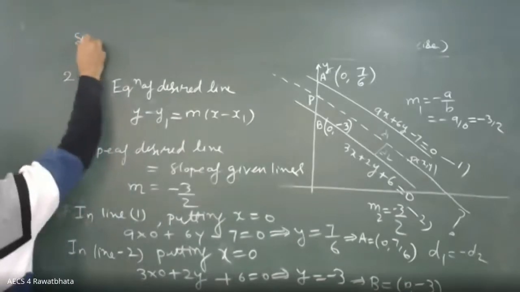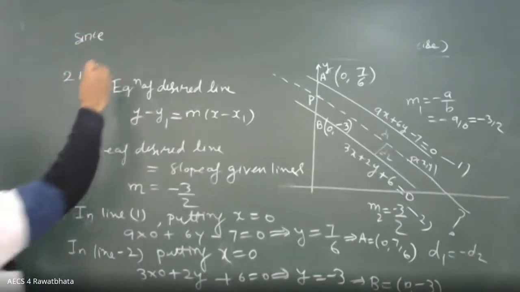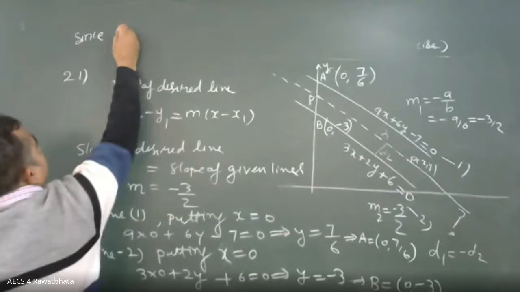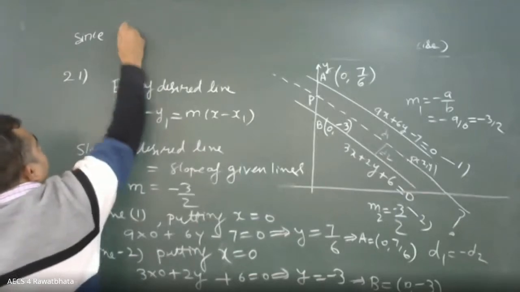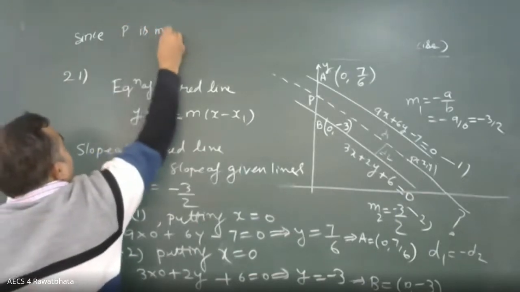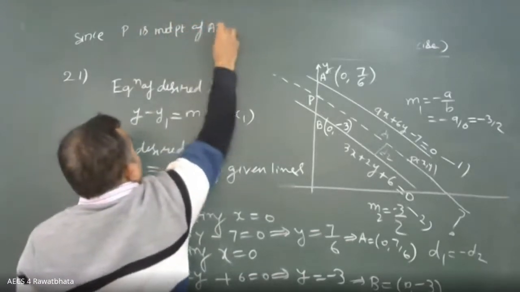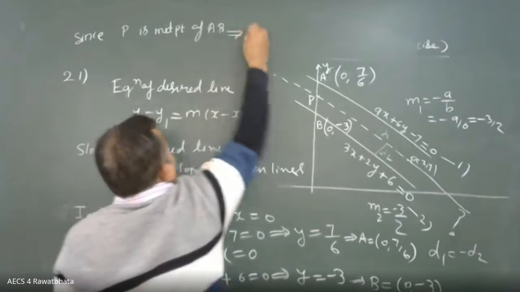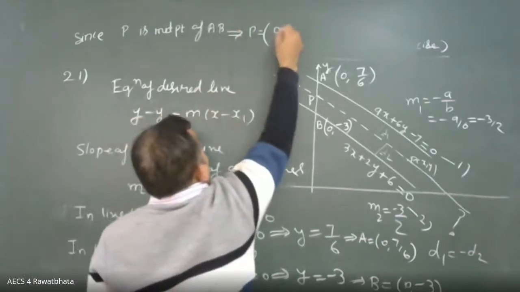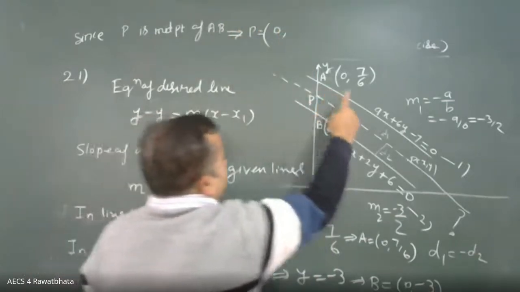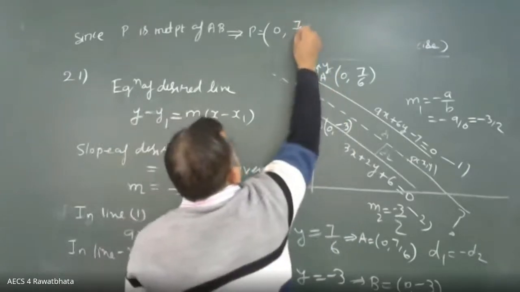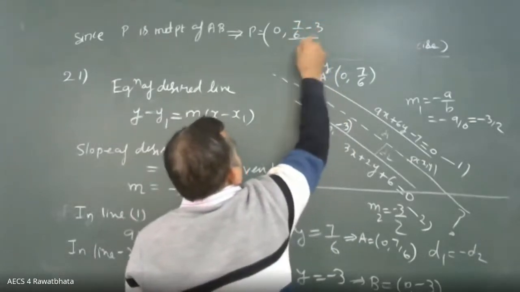Since P is the midpoint of AB, it means P equals 0 comma (y1 plus y2) whole by 2, that is 7 by 6 minus 3 whole by 2.